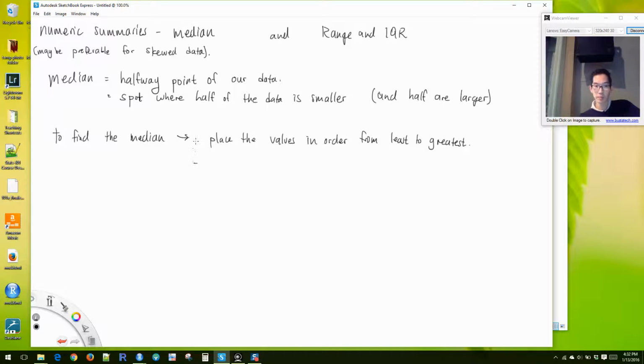You're going to count how many values you have. And then you're going to find the spot where half are smaller and half are greater.